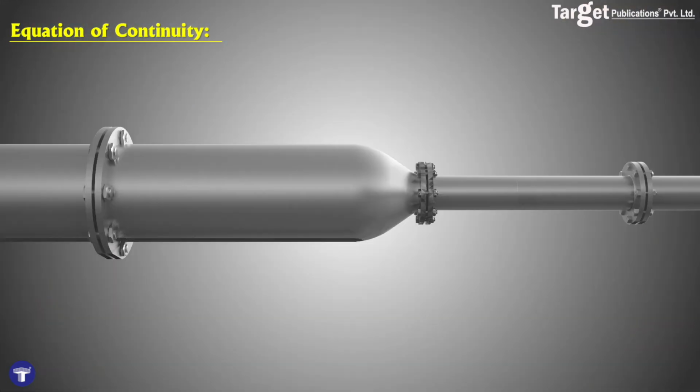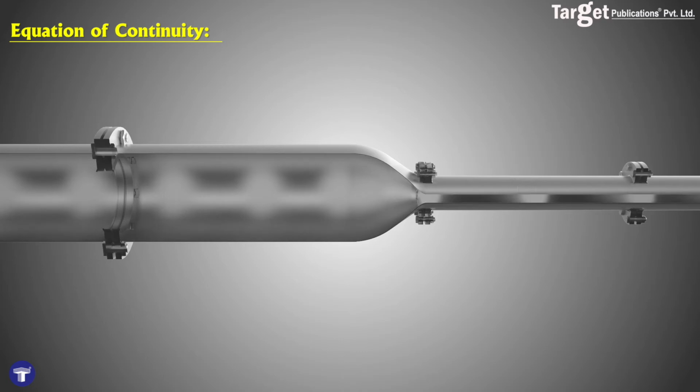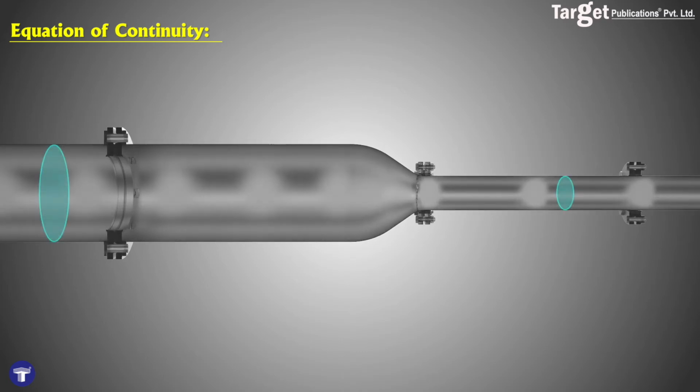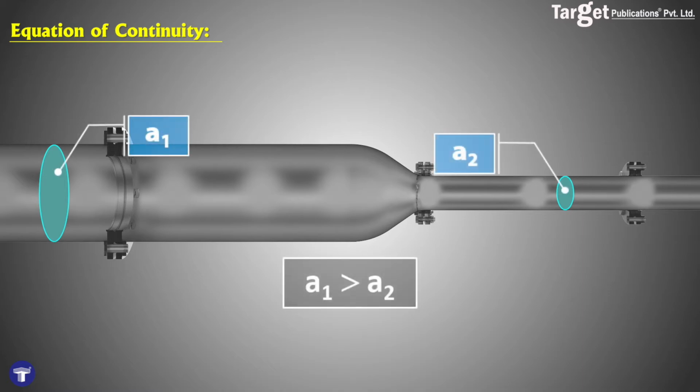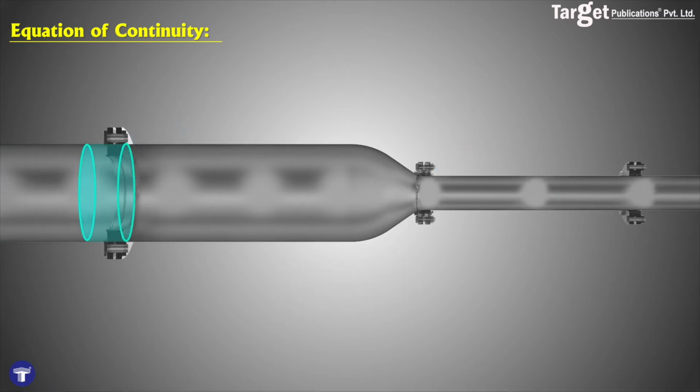In simple words, the equation of continuity tells us that if you have a pipe of varying cross-section, and let's say at one end the cross-section is large, while at the other end the cross-section is small, the speed with which the liquid flows through these cross-sections will be different.